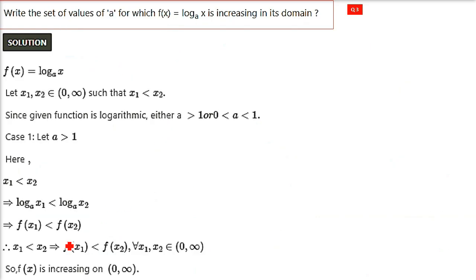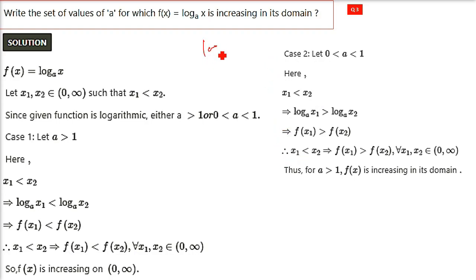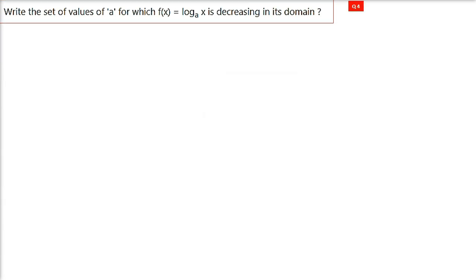So the answer is only case 1 here. How are we going to show it? This is the way you are going to write it. This is the reference. The only thing is, if you understand log, what is the base e, what is the base A, what values you can give, what the domain and range are, and what the properties are. As I told you, this question exactly resembles the first, second and third questions.